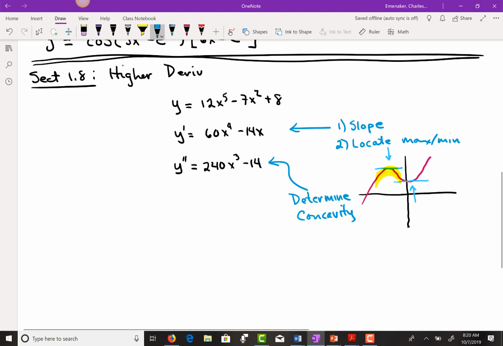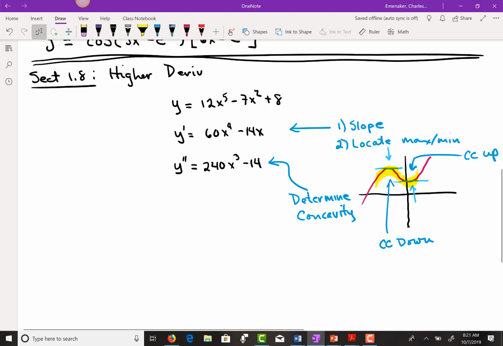Down. The curve points down, doesn't it? This section here is concave down. If we move over into this next little section, this section here is concave up.